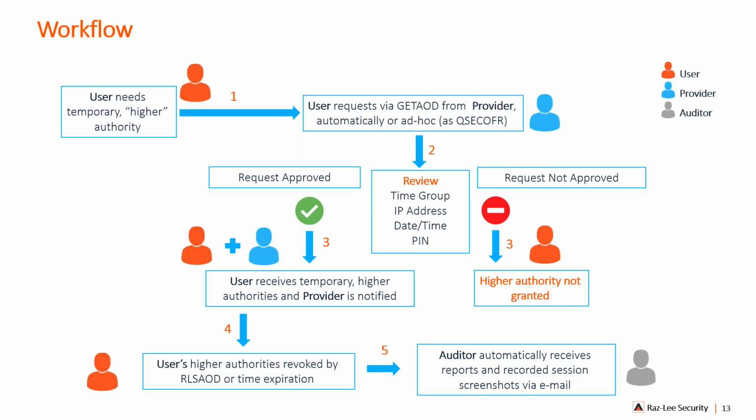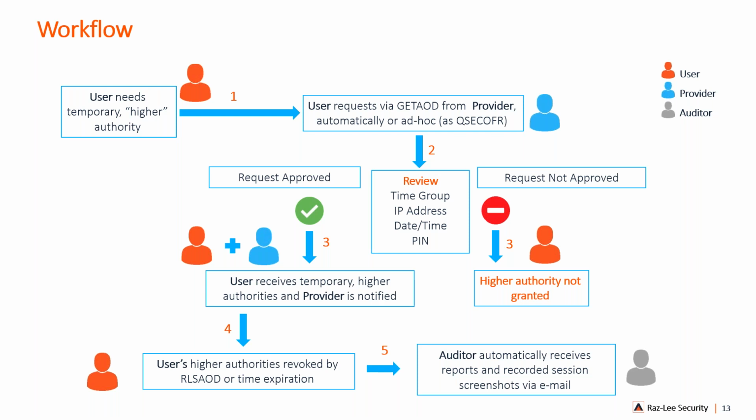And from step 3, a user received temporary high authority. Okay. And then after he finished his tasks, after a few hours, you can define the rule for 1 hour, 2 hours, 3 hours, and if the time is passing and then you finish the job, then you can just log out from the user and it will automatically release AOD.